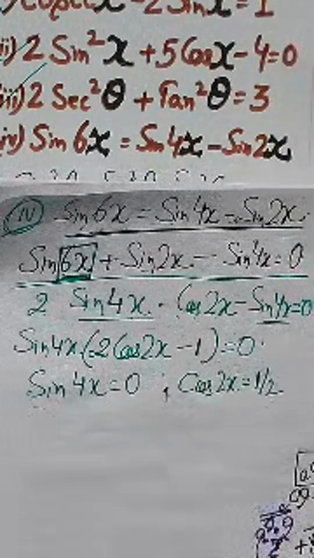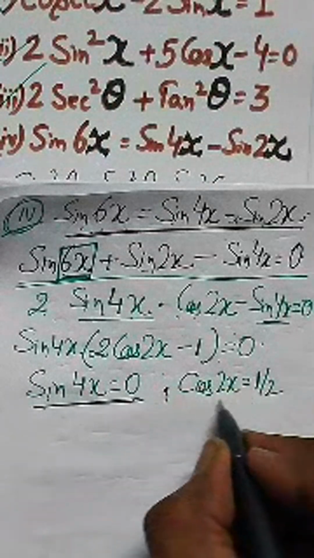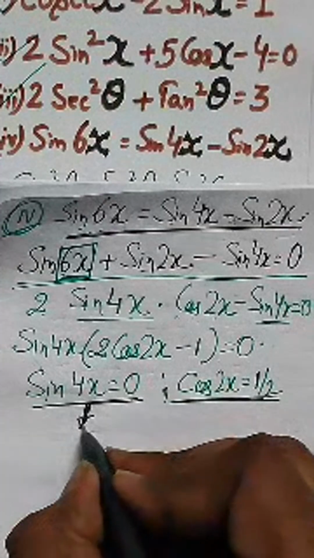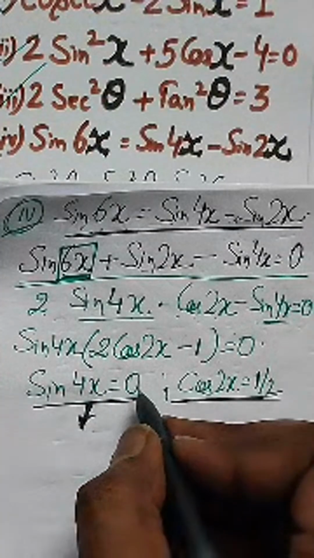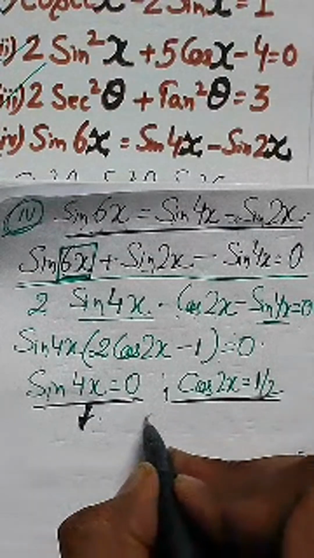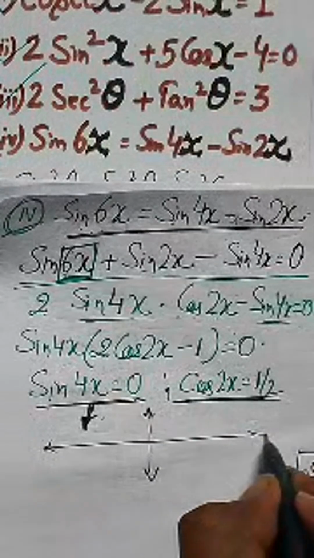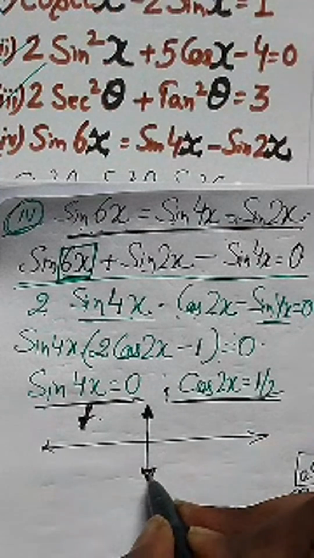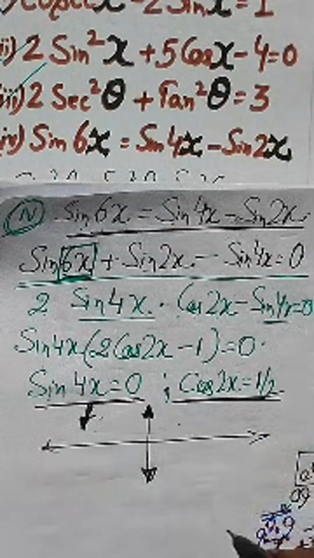So the two values which should be satisfied is, that is sine 4x equal to 0 and cos 2x equal to 1 by 2. So when sine 4x equal to 0, that we need to understand. If you draw the quadrants, always draw the quadrant, students, so that you can easily understand when the sine or cos or any trigonometrical ratio is coming positive or negative, those values can be simply evaluated based upon this.